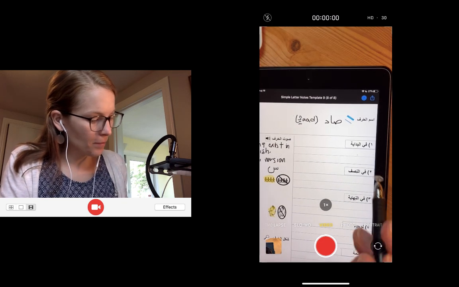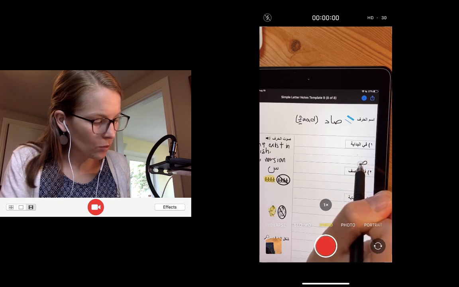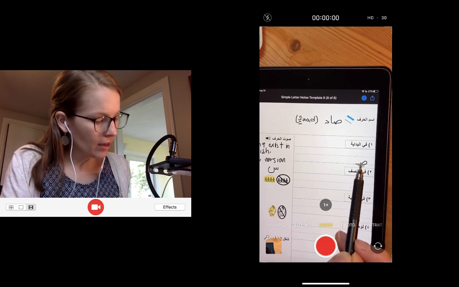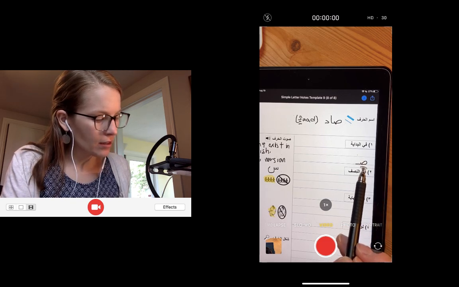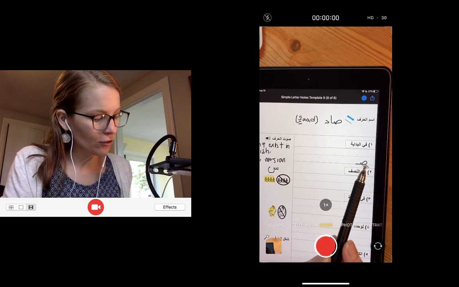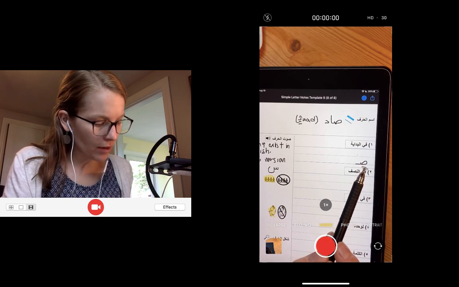Okay, تمام. ففي البداية نعمل كذا, a small tooth, and then like this. So Saad in the beginning form is a loop that is not a circle, right? It should be more of an oval or ideally a teardrop shape, where it's more narrow on one side and wider on the other. And it sits on the line more or less.